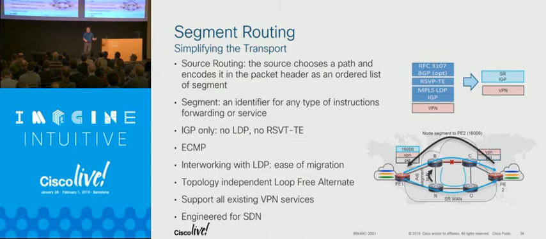We can simply do so by extending your IGP, either OSPF or IS-IS, with a segment routing extension to distribute the labels. So we simplify the label stack, and we simplify the control plane, and we avoid many problems which are currently present in MPLS networks.